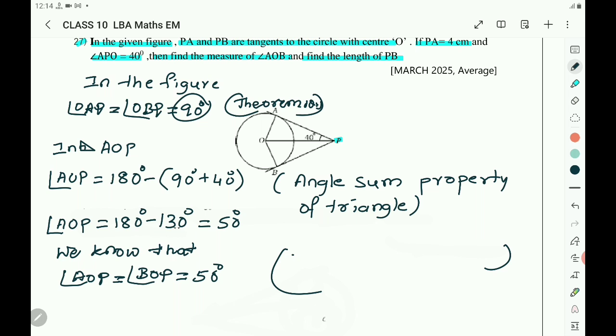Because triangle AOP is congruent to triangle BOP. So CPCT of these two triangles, that is proved.